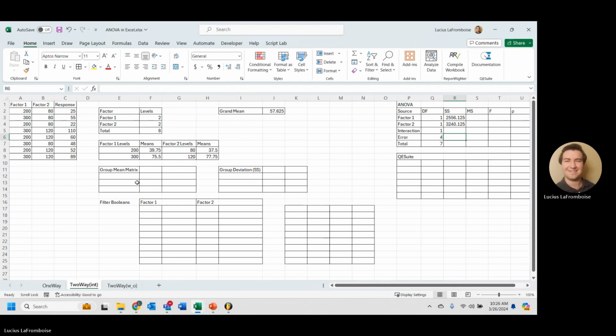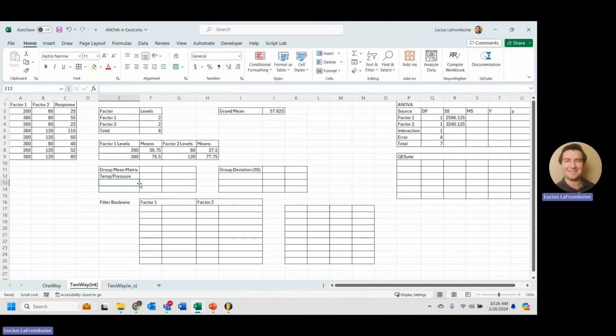So error, this is where we have to use these crazy matrices down here, this group mean matrix. How I want to handle this is, first let's work on our filter booleans. I'll start here with our group mean matrix.